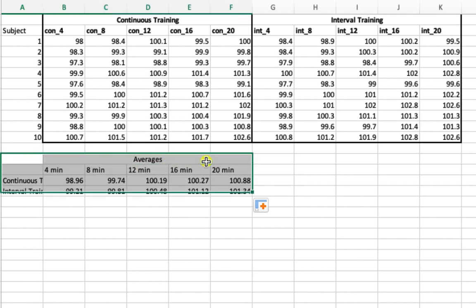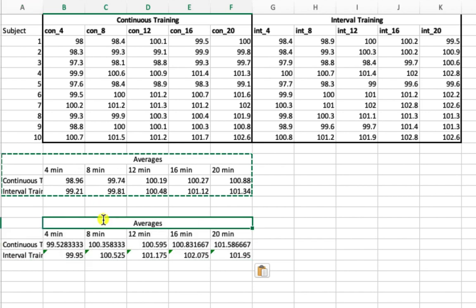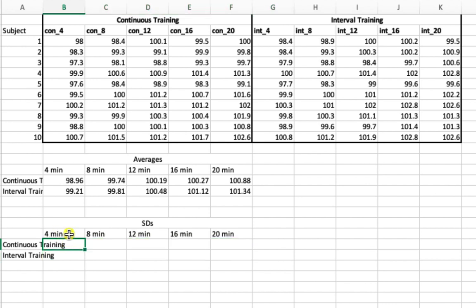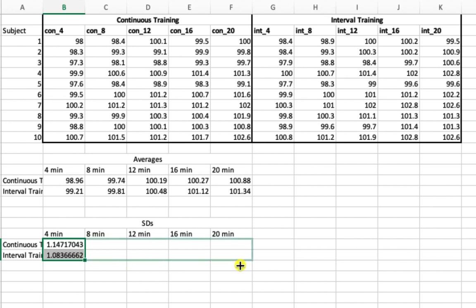I can then create a fairly similar outline of a table, but instead of averages, I'd be looking at my standard deviations. And then I can use my stdev function, again calculating the respective time points with the training session.